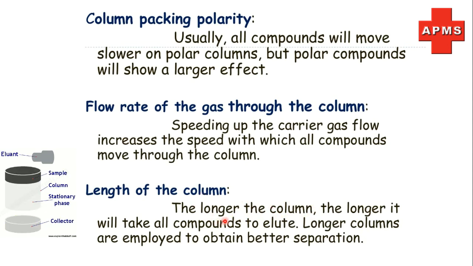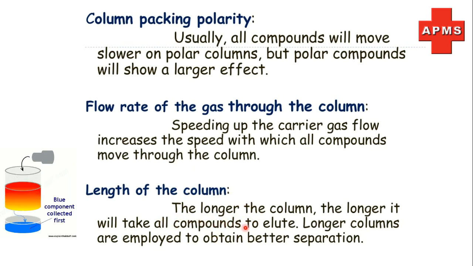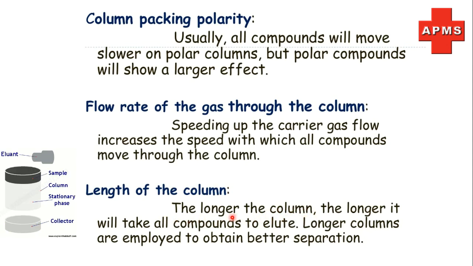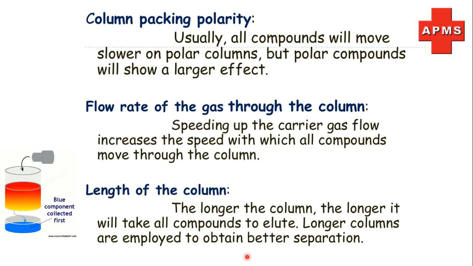But if the sample is retained in the column for a longer time, or travels very slowly inside the column, then a long length is not required, and shorter columns are sufficient. So depending on the sample we choose the length of the column. That depends basically on the nature of the sample.